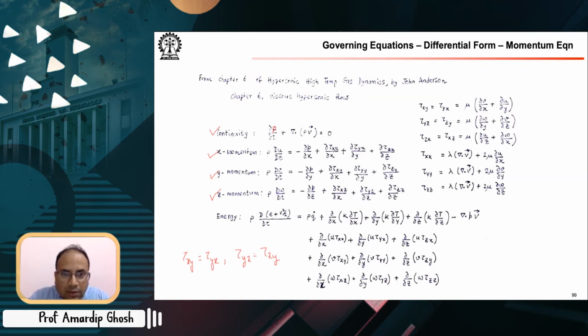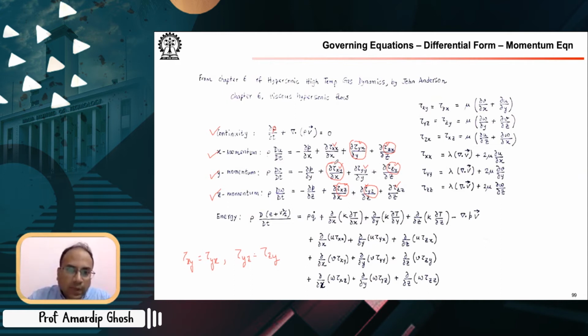So then instead of 1, 2, 3, 4, 5, 6, 7, 8, 9 unknowns, we actually end up having 6 unknowns, because tau xy becomes the same as tau yx, tau xz becomes the same as tau zx, tau yz becomes the same as tau zy, etc. So if you count, we have 1, 2, 3, 4, 5, 6. So 6 shear stress terms.